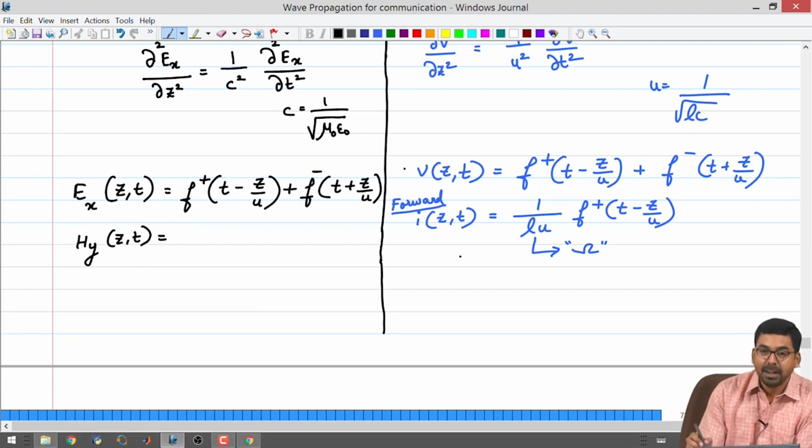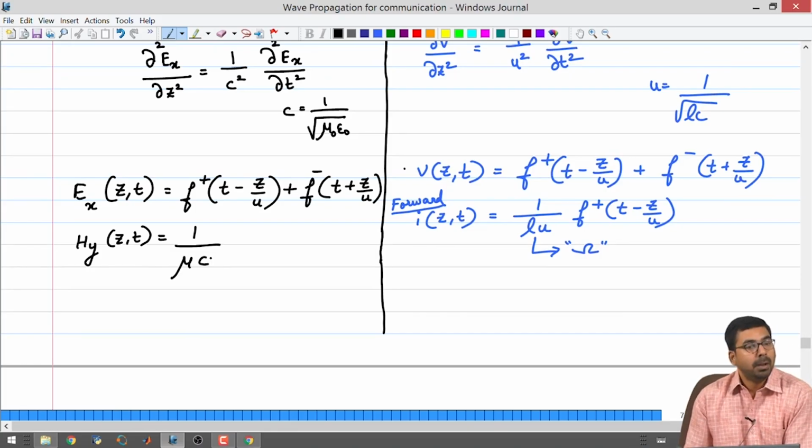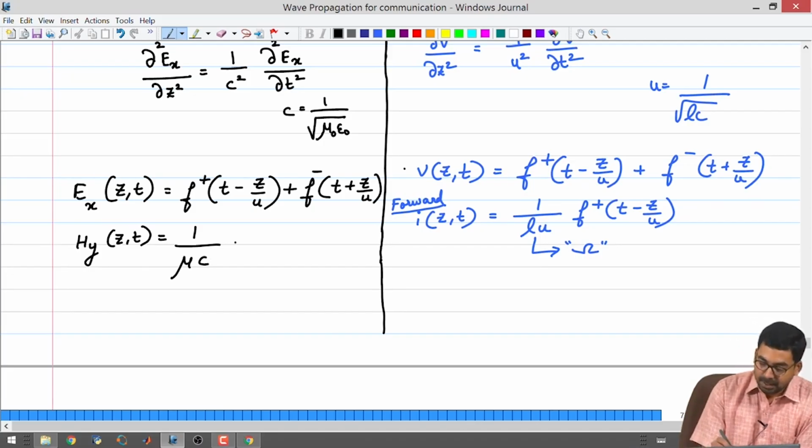L has been replaced with mu in our equations, and U has been replaced with C. So it is 1 by mu C, f plus of t minus z by u.